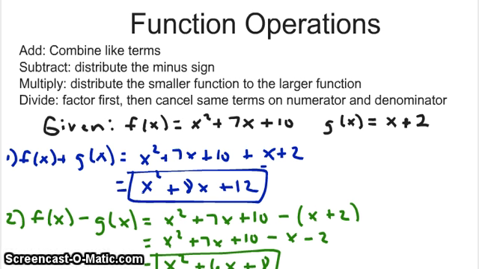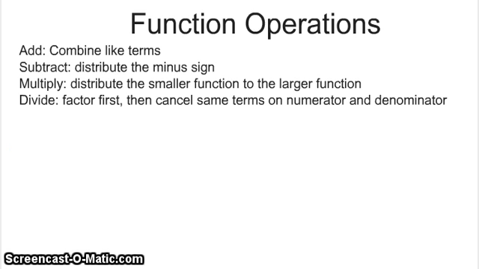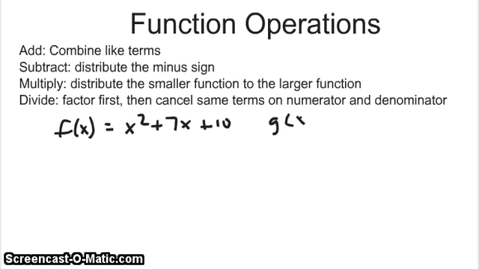Now if we look at multiplying them, let me rewrite our functions. We've got f of x was x squared plus 7x plus 10, and g of x is x plus 2.